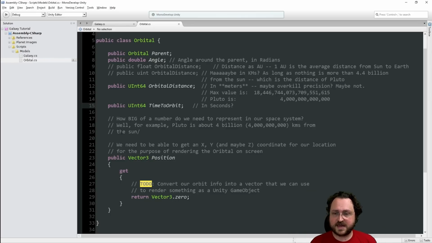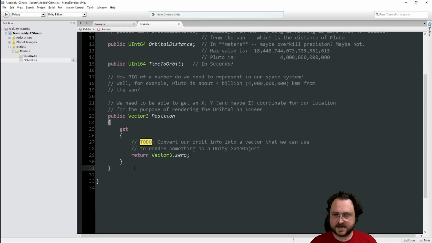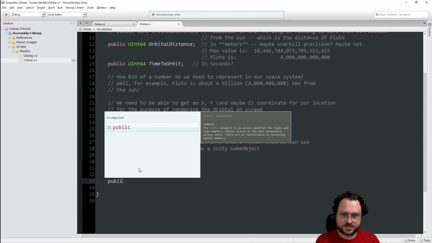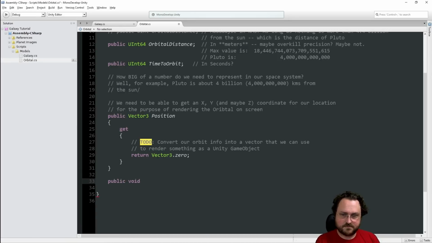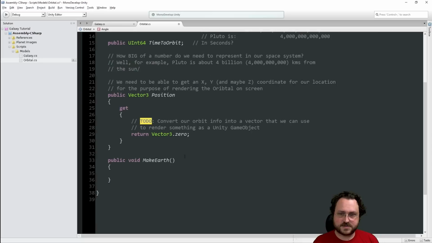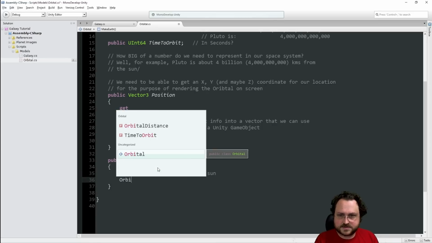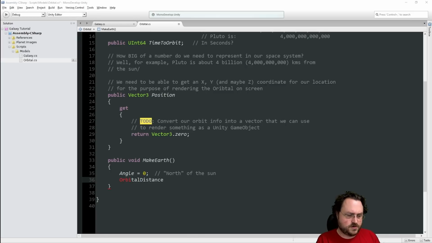So if we wanted to make the Earth, let's make a little dummy function here, just as an example. Make Earth. So let's say we start at an angle of 0, which presumably is north of the sun for some value. Orbital distance. Earth orbital distance. 940 million kilometers is an average.